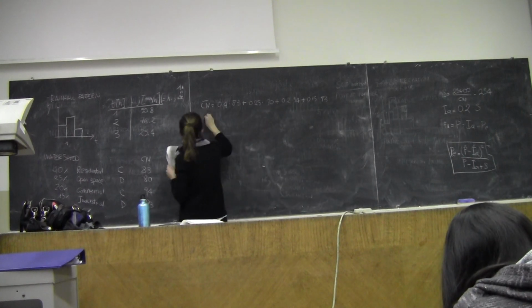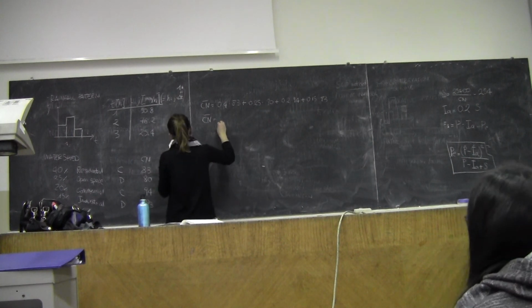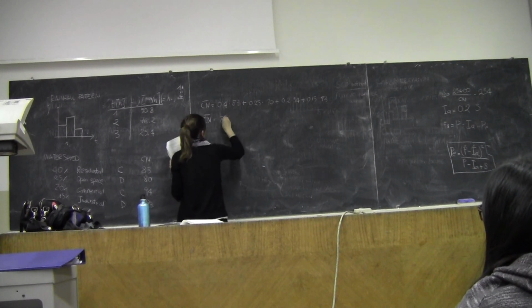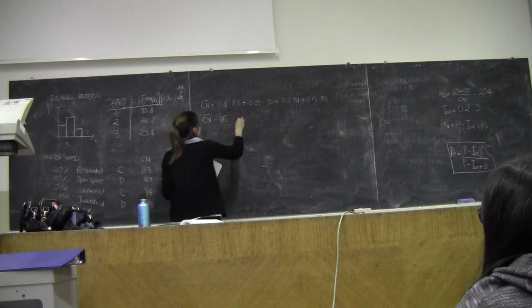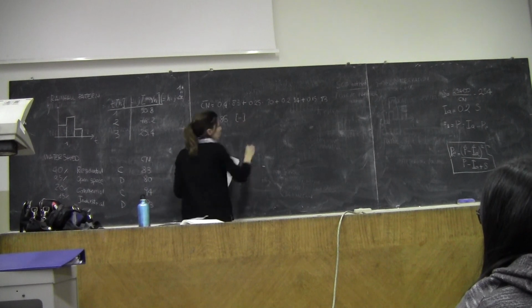Each percentage is multiplied by the curve number value to get an average. And our average curve number is equal to 86. And the curve number has no dimensions.